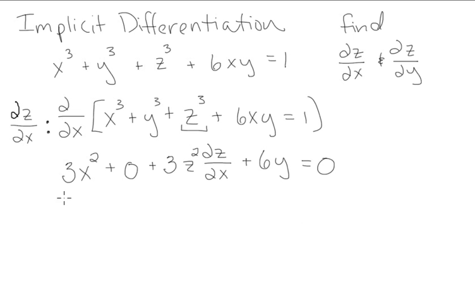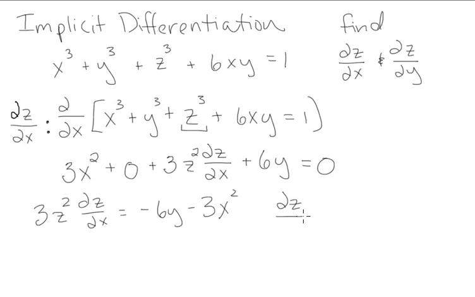I can solve this expression for dz dx. I'm going to first move the terms to the other side. I get 3z squared dz dx is equal to negative 6y minus 3x squared. And then I'm going to get dz dx by itself by dividing by 3z squared.